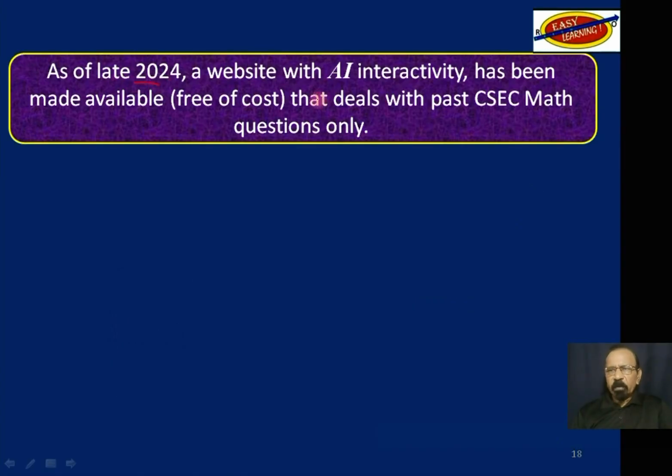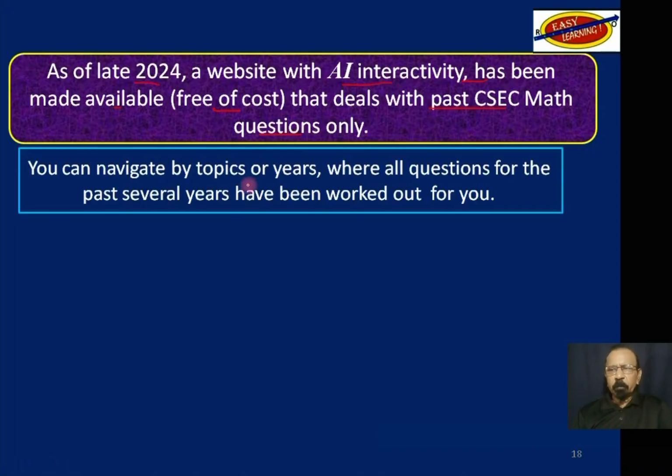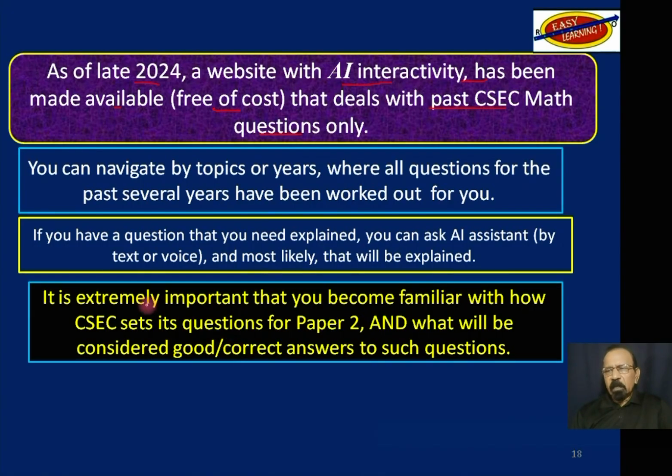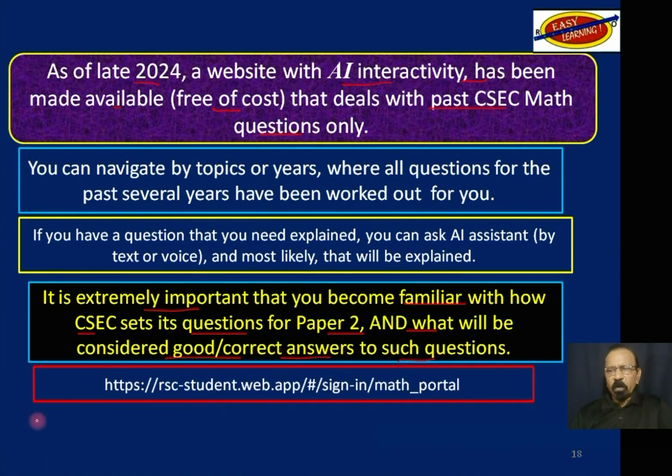Also, as of late 2024, a website with AI interactivity has been made available free of cost that deals with past CSEC math questions only, specifically from paper 2. It is extremely important that you become familiar with how CSEC sets its questions for paper 2 and what will be considered good or correct answers to such questions.